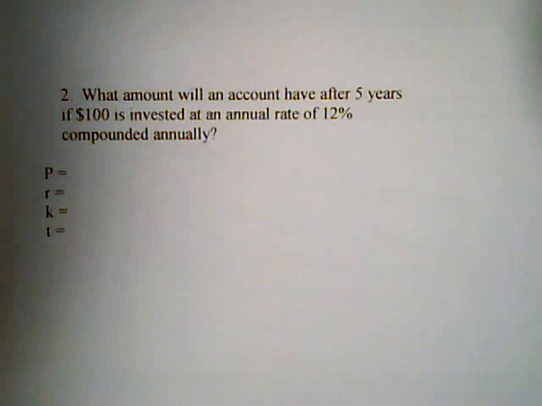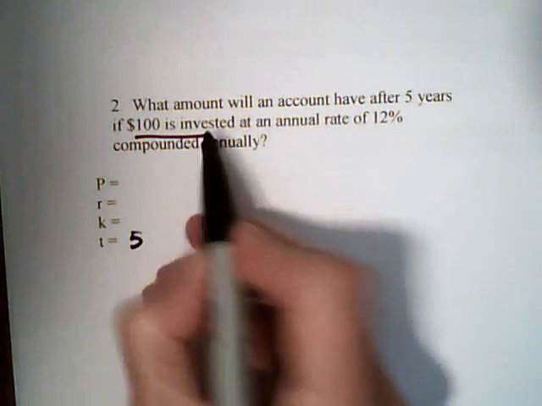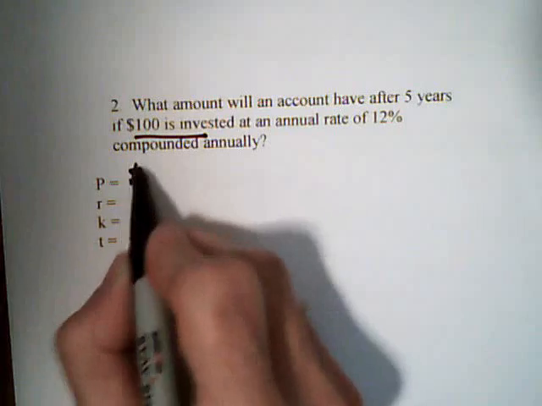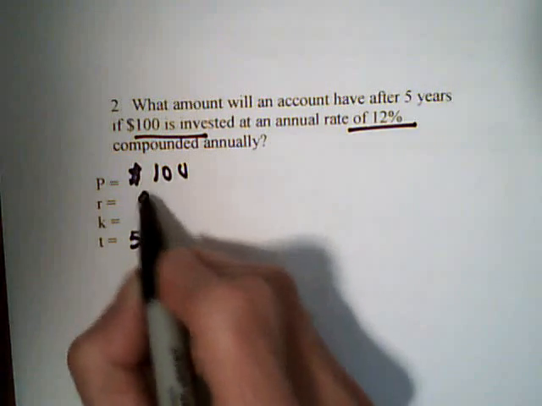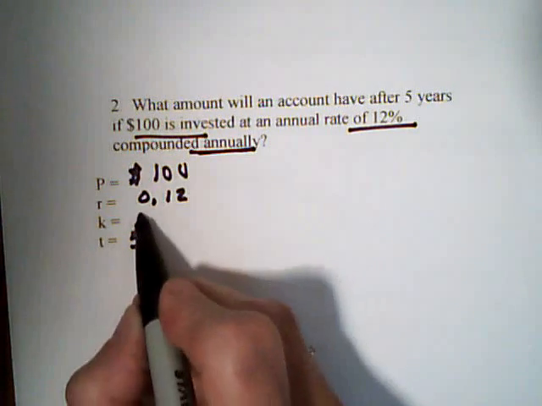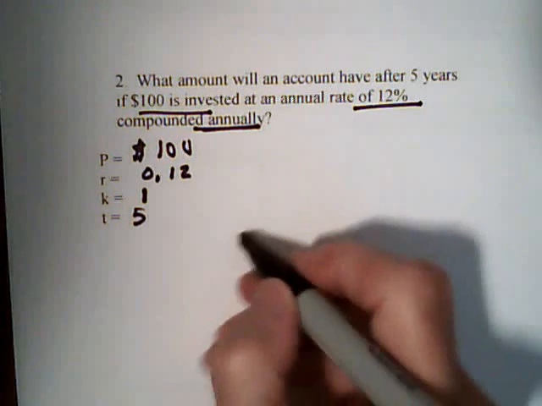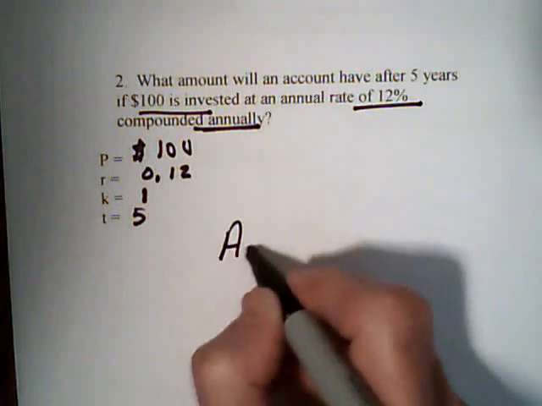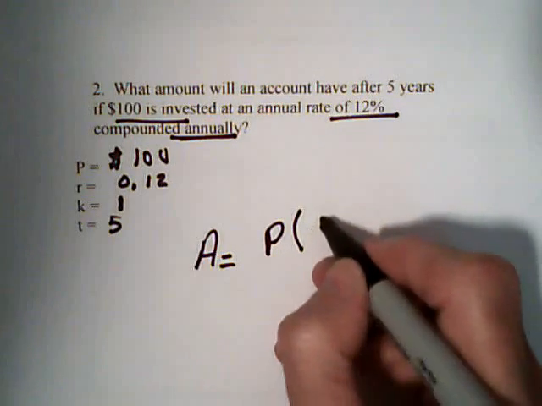Now let's look at one more example, number 2. What amount will be in an account after 5 years? So that's my T. If $100 is invested, not investing a lot, that's more my kind of money, at an annual rate of 12%, so that's 0.12, compounded annually. Now that's going to be 1. You will find as you work these problems, the more often that you compound, you will get more money in return.